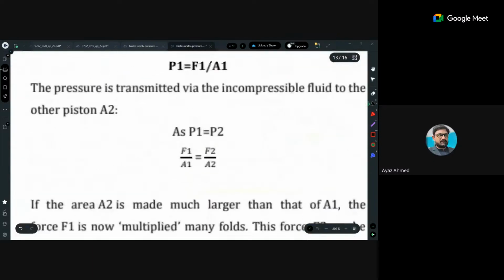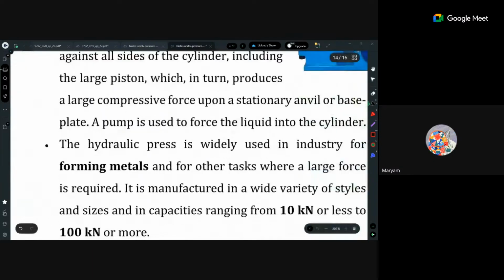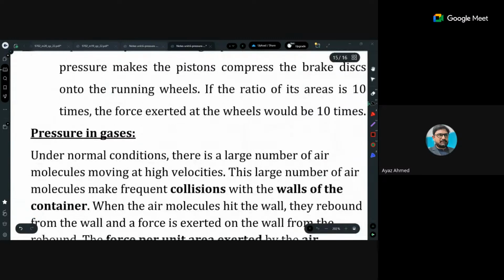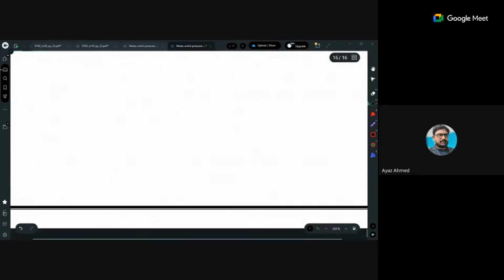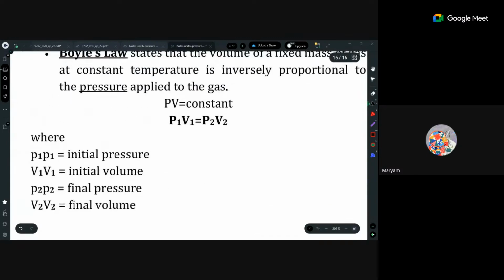Sir, why is the hydraulic press so long? No, the hydraulic press is also gone. So finally, sir, do we have Boyle's law in our syllabus? Yeah. Boyle's law is basically the pressure in the gases.